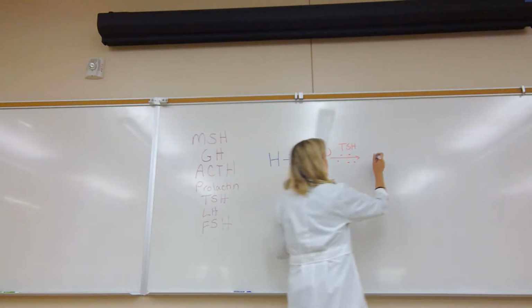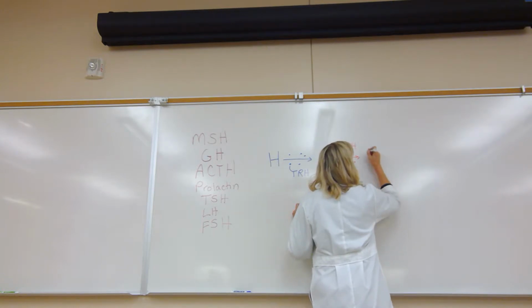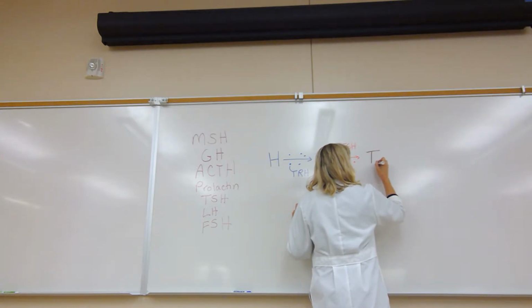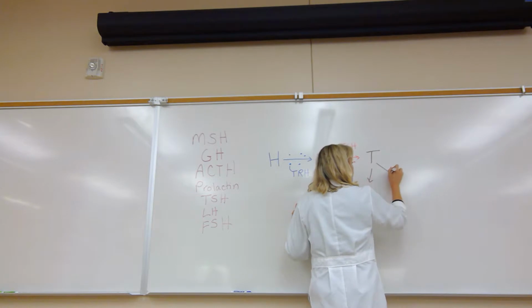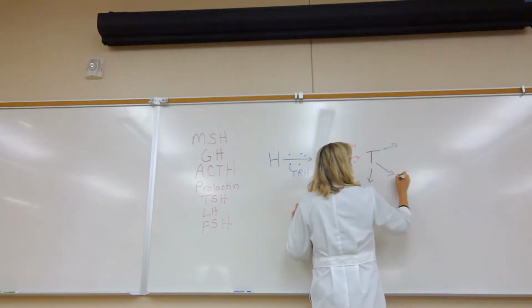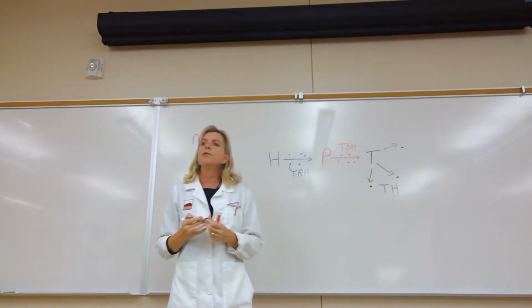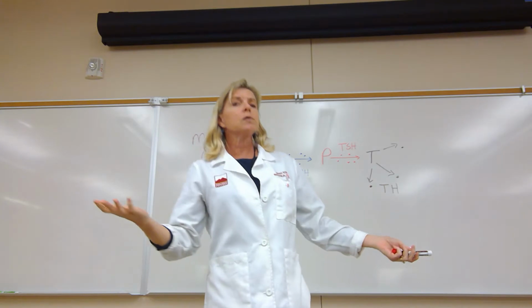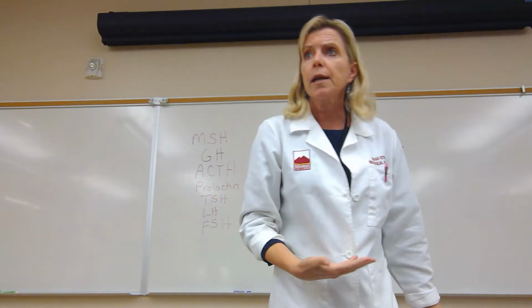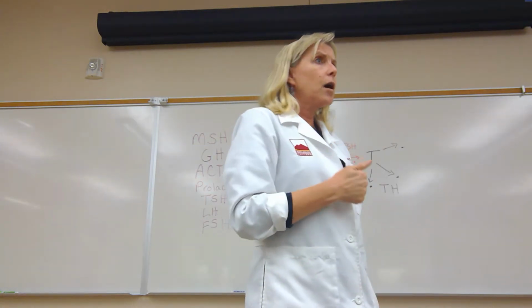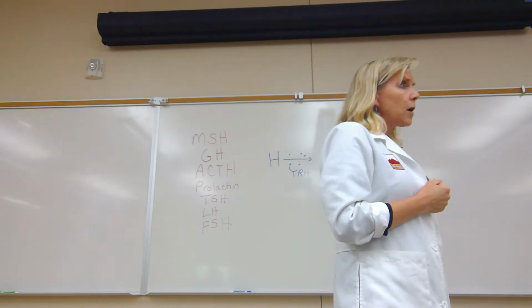So then Hayden in my story is the thyroid gland, and as a result, remember that's the homework I want to see. It releases thyroid hormone. What does thyroid hormone do in your body? It depends on what it's targeting. It can elevate your heart rate, so it does stimulate your heart.